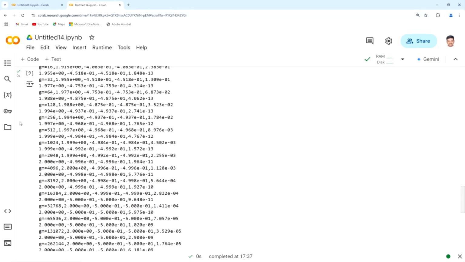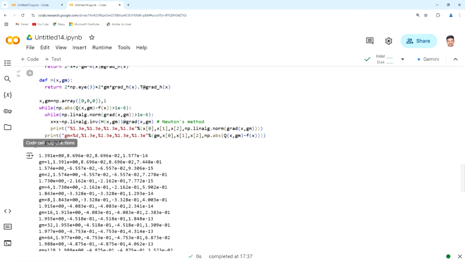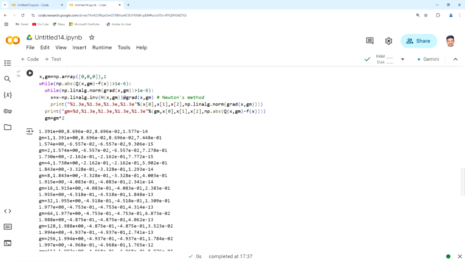Okay. So we started with gamma equal to 1, and this is the answer for gamma equal to 1, the minimizer: 1.391, 0.08696, 0.08696, and when gamma equal to 2, the minimizer was 1.574, minus 0.06557, minus 0.06557 and so on.